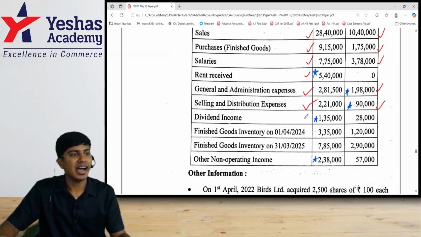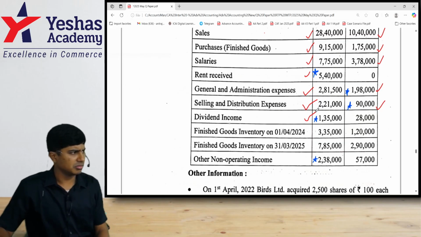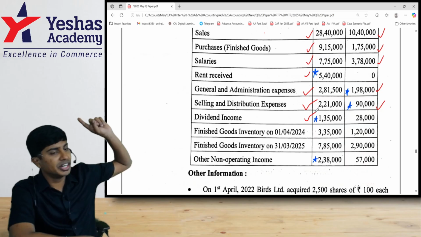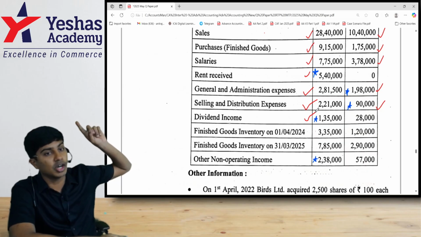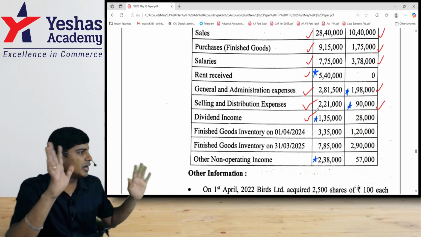Then we have dividend income. Dividend income is other income. It is not revenue from operations. 135 has an adjustment. It includes some dividend received from the subsidiary. So I'll keep it in the inner column. Then adjust it. If it is pre-acquisition dividend, it should go to reduction of cost of investment in cost of control. If it is post-acquisition, it can appear here. Right now, I don't know.